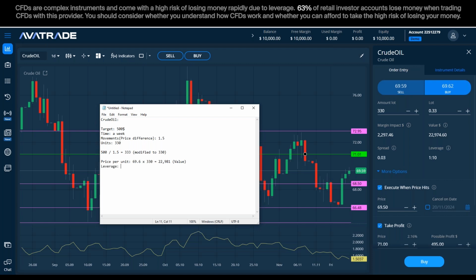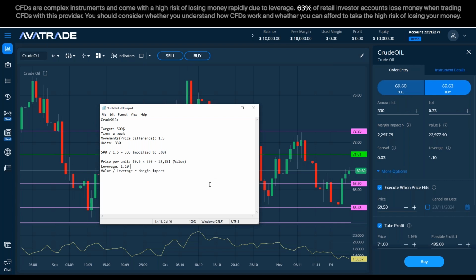And then we also have leverage. Of course, without leverage, we would have needed this much. With leverage, we only need, let me show it to you in a second, we only need 10%. How so? Because we can divide the value by the leverage, and then we get the margin impact.